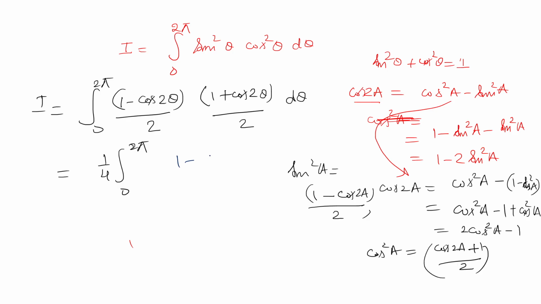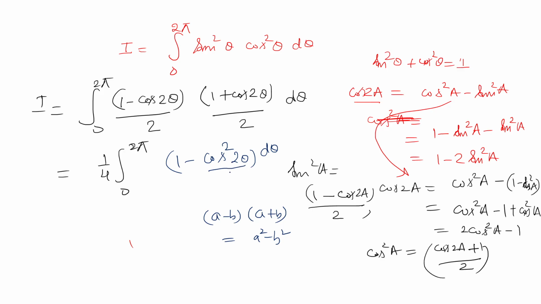Now it will again be the formula like (a minus b)(a plus b), which is a² minus b². So 1 squared is 1, that's why. So here again we have to substitute.